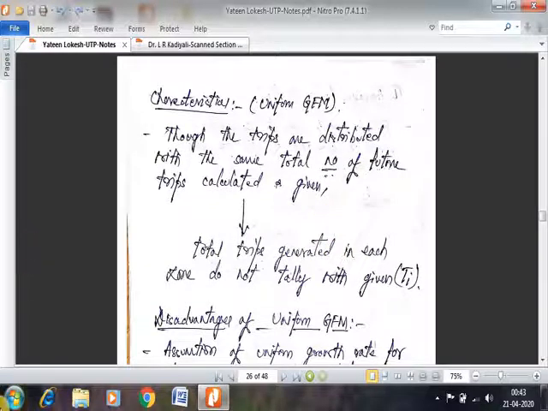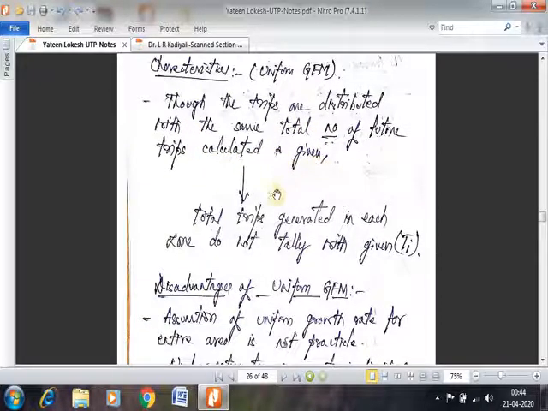This is the characteristic observation of the growth factor method, or uniform growth factor method, that we have observed. What this says is, though the trips are distributed with the same total number of future trips calculated and given, the total trips generated in each zone does not tally with each other.